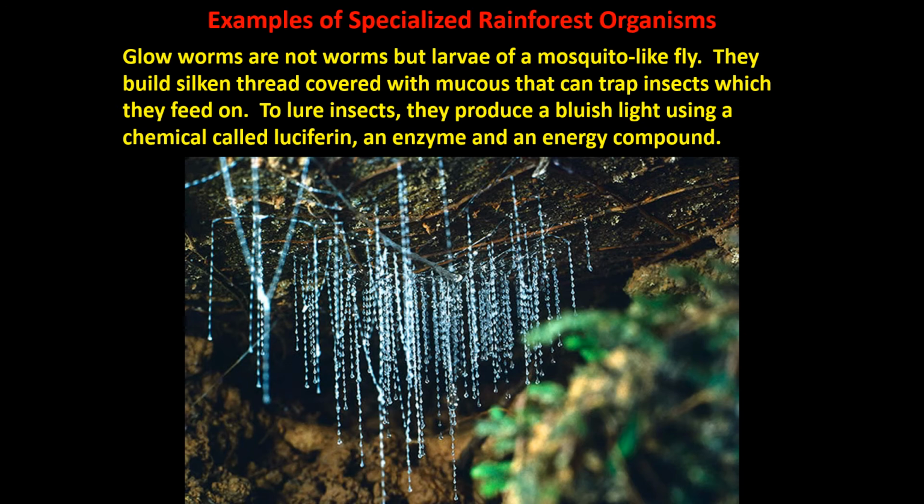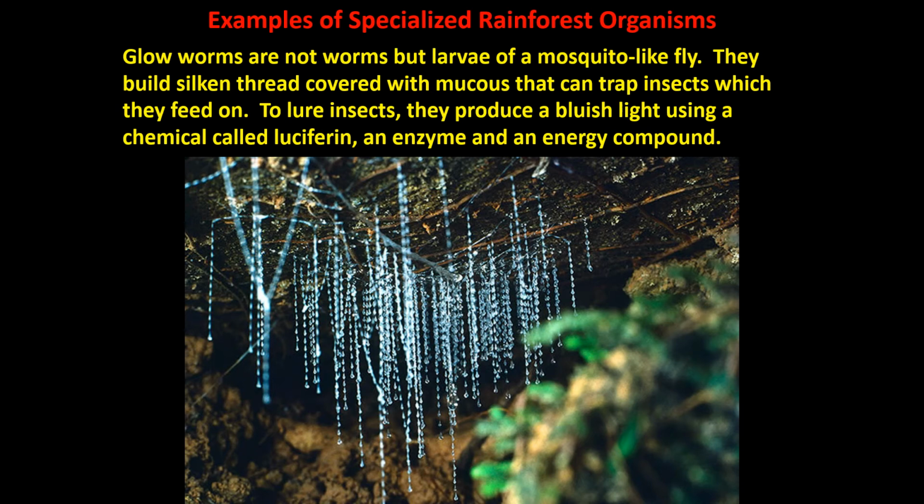So in this slide you can see more examples of specialized rainforest organisms. Glowworms are not worms but larvae of a mosquito-like fly. They build silken threads covered with mucus that can trap insects which they feed on.